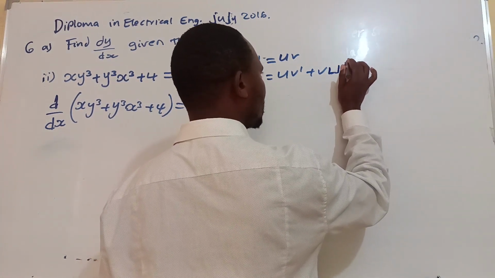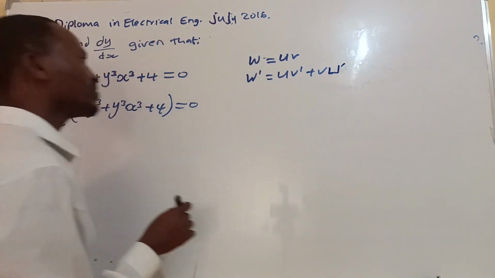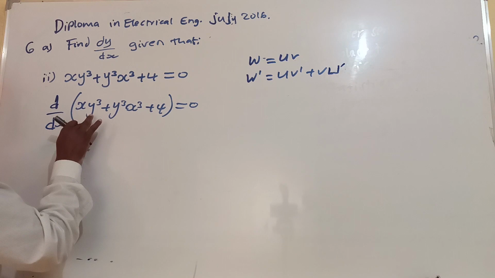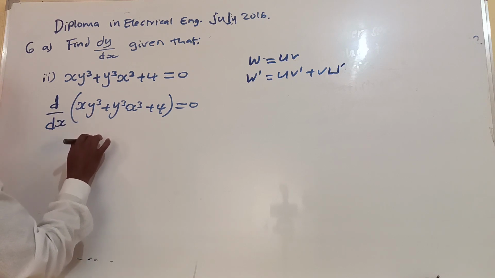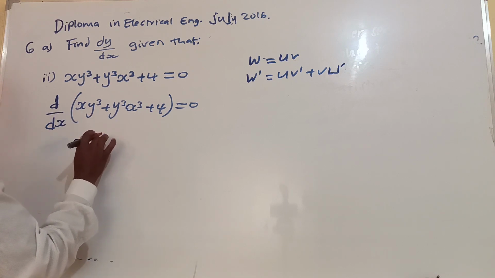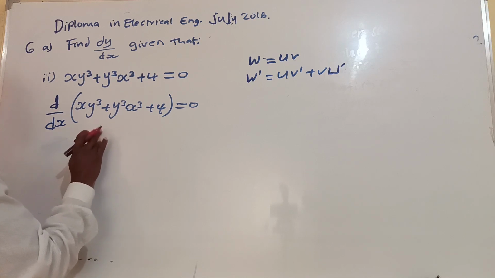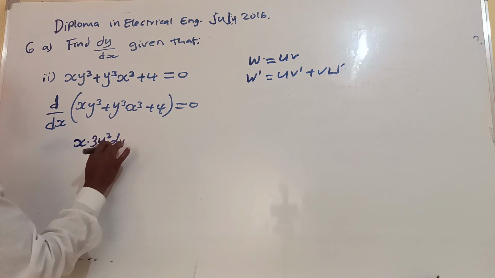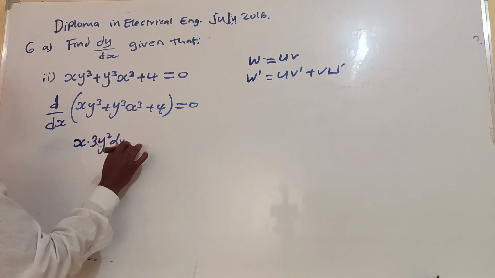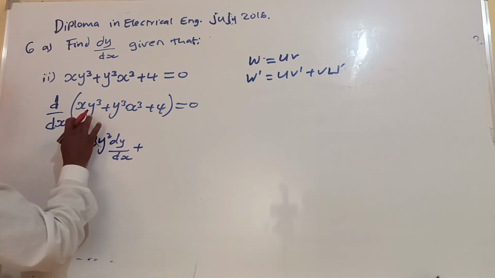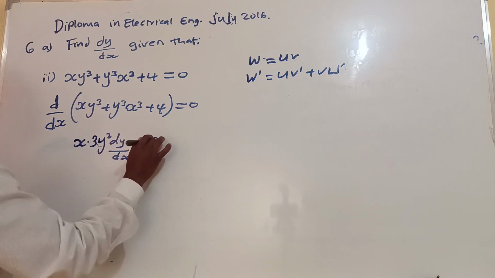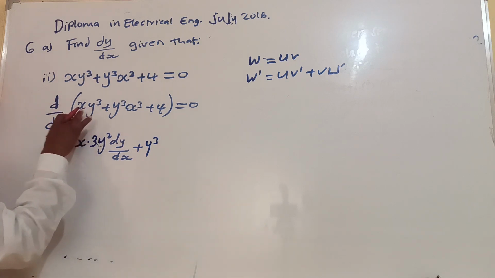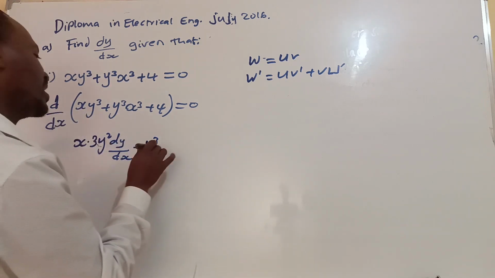In this case, we take our u, which is x, differentiate v, y cubed, to get 3y squared dy dx, normal differentiation, plus v, what is our v? y cubed. Differentiate our u, differentiate x with respect to x, you get 1, so that is done.